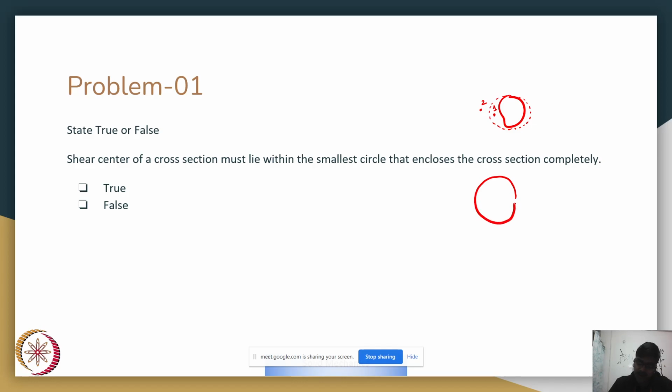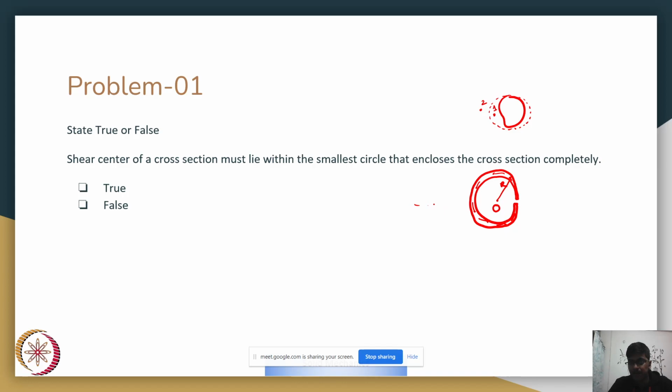This is your annular disk. Suppose it has a mean radius r, and since it's an open cross section, there will be a shear flow from one end to another. It has a small cut here. Let O denote the center.